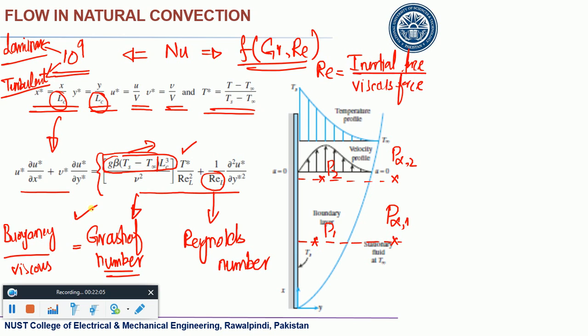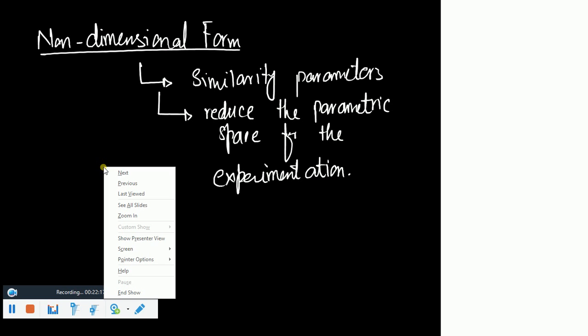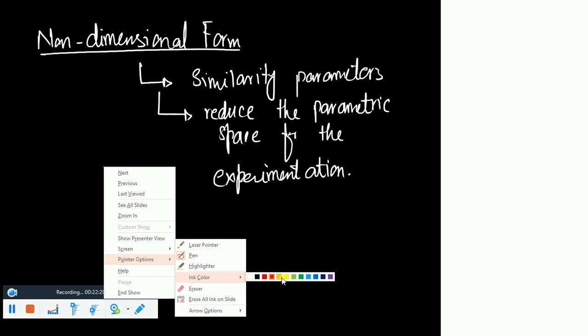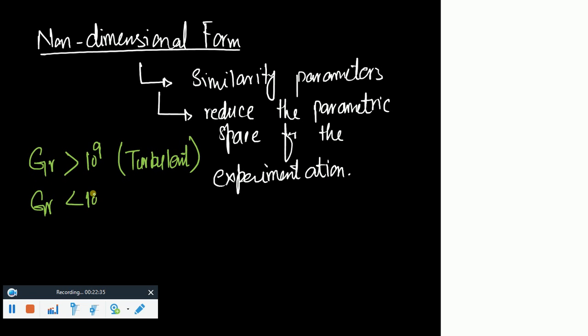Yes, if the Grashof number is greater than 10 raised to power 9, let me write it down over there, then you would say it's a turbulent flow. And if it is less than 10 raised to power 9, you would say it's a laminar flow. So here you are not defining the flow regime based on the Reynolds number, you are defining it based on the Grashof number, remember that.